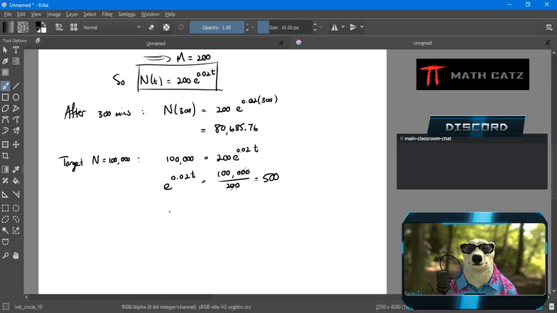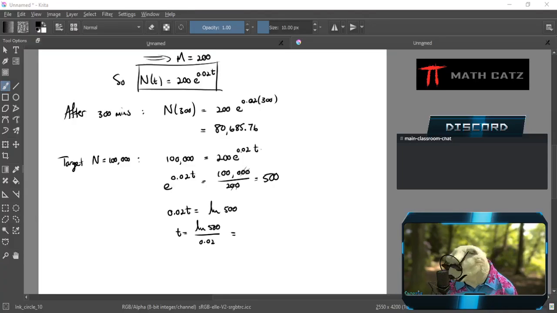So that means that 0.02t equals natural log of 500. So t equals log of 500 over 0.02. Let's calculate that. Now I have to check what MathBot does for my log function. I'm guessing it's just ln.